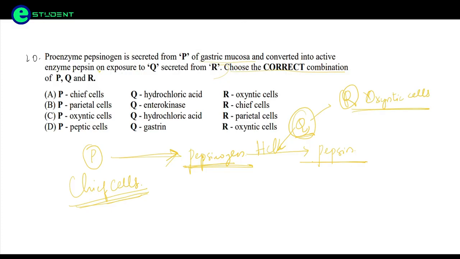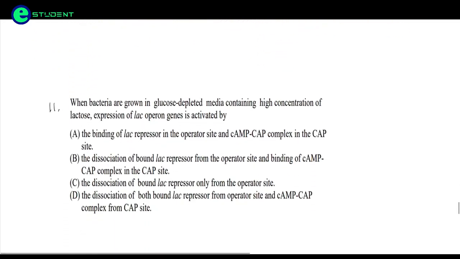So the correct option is: chief cells release pepsinogen, which is converted into pepsin with the help of hydrochloric acid secreted by oxyntic cells. A is the correct option here. Coming to the next question now.